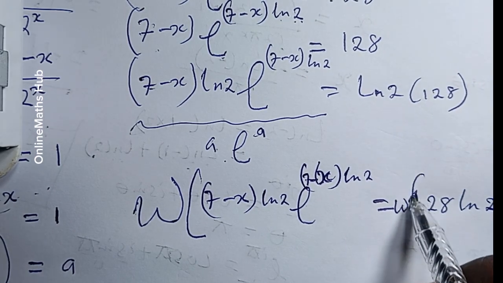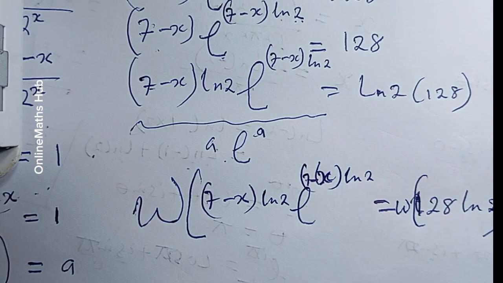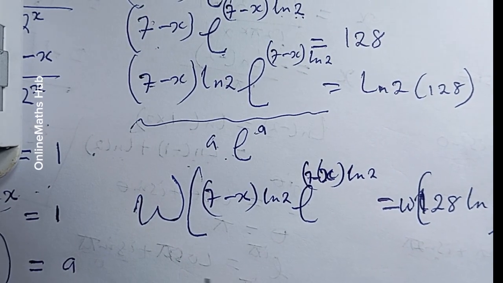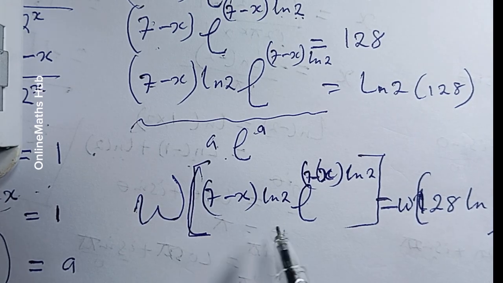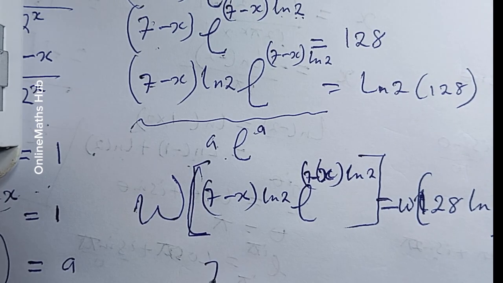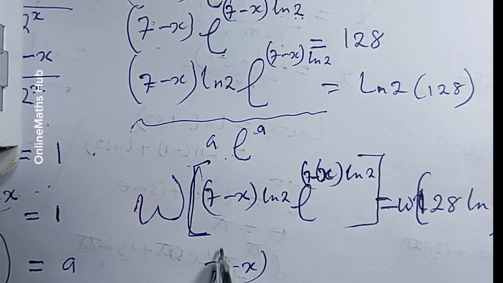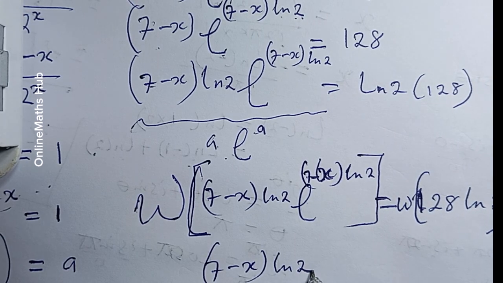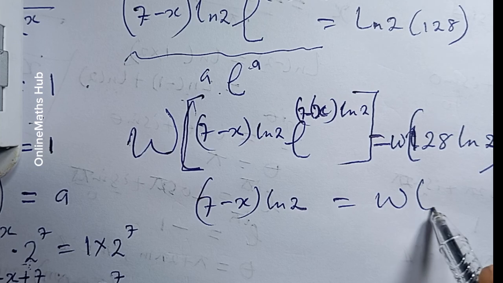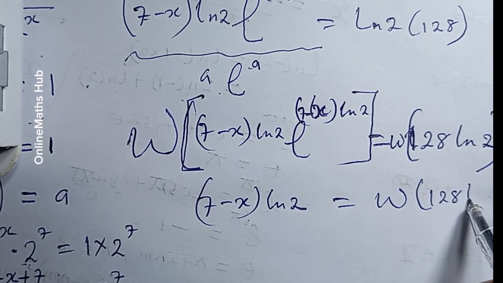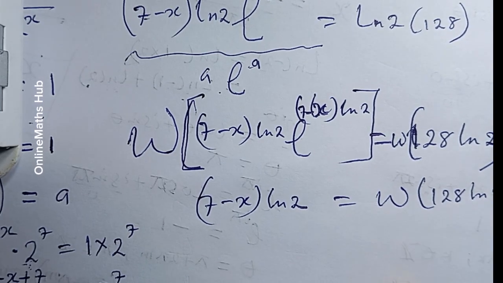Okay, so I will still take the Lambert W function of this side, and of course this left hand side is actually going to collapse to 7 minus x multiplied by the natural log of 2. And then it's equal to the Lambert W function of 128 natural log of 2.